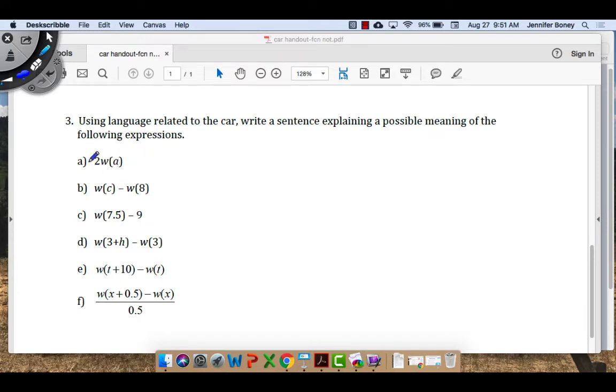What might this 2 times W of A mean? Okay, double something. So double from the times 2. So I could think double, let's see, W of A. What is W of A again? That would be distance traveled. So double the distance traveled, or 2 times the distance traveled.